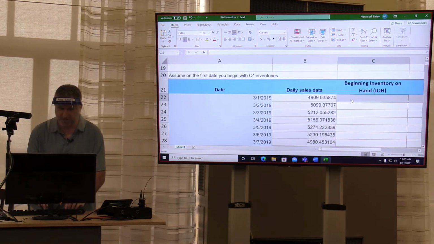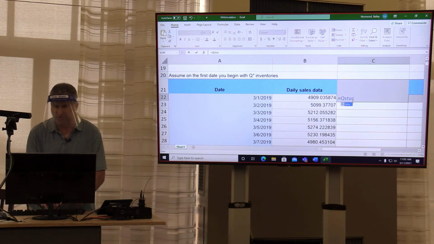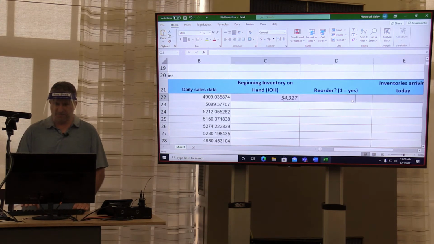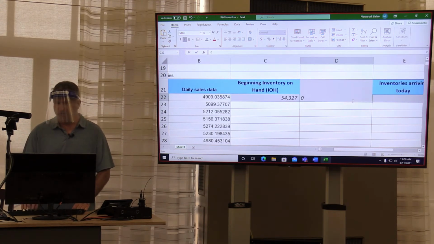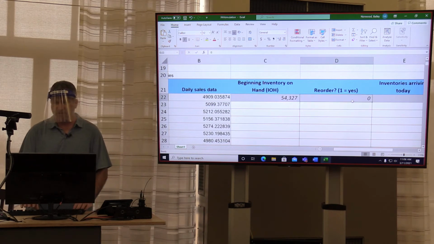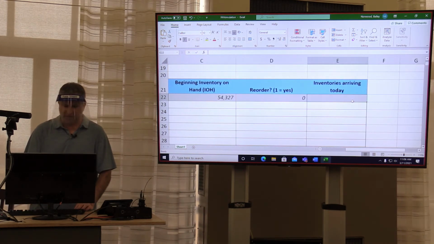So I'm beginning with Q star units. And we're not going to reorder then. You've got to initialize the model, give it a starting point. So we're starting off with that. We're not going to have any inventories arriving. We're not going to reorder. We've got this much inventory on hand.